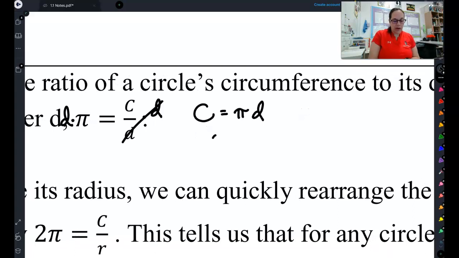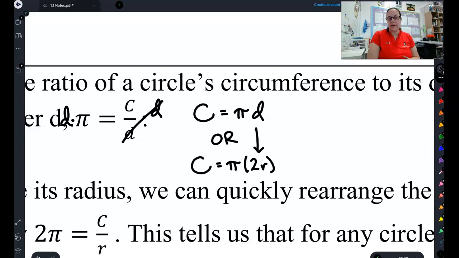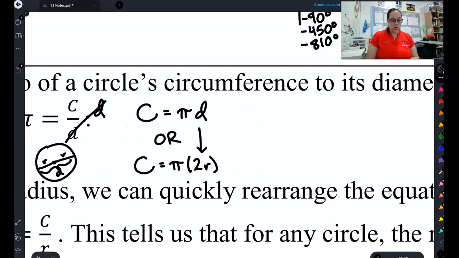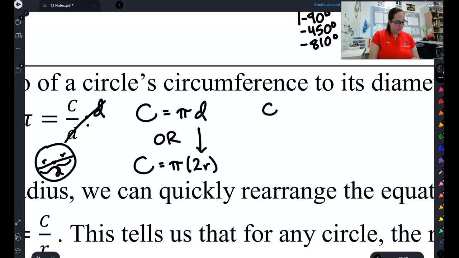You may remember that the diameter is the same thing as 2 radii. In a circle, here's my center, that's my radius, and if you go all the way across, 2 radii, that's the same thing as the diameter. So this is where we get that circumference equals 2 pi r.